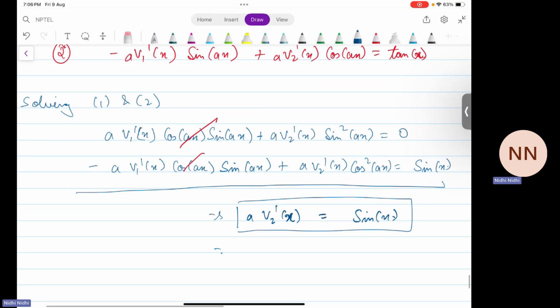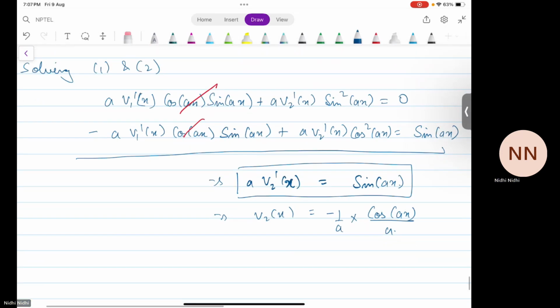Which implies v2 dash(x) is 1 by a times sin x, and v2(x) is 1 by a times the integration of sin ax. The integration of sin ax is minus cos ax by a. Therefore v2(x) is equal to minus cos ax by a square.